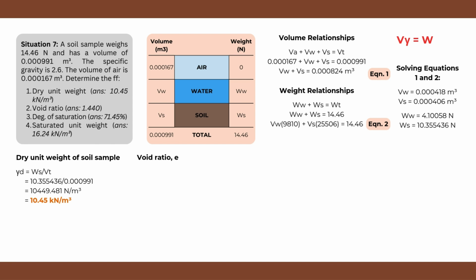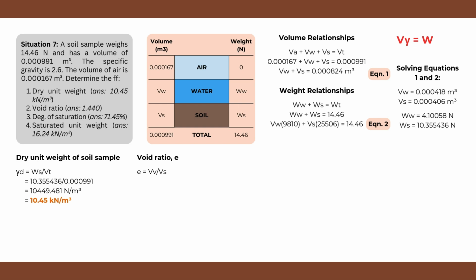Next naman, our void ratio is just equal to the volume of voids over the volume of solids. And as we all know, the volume of voids is just equal to the volume of water and air combined. Kasi yung tinutukoy lang naman na void is yung mga butas na pinaglalagyan ng mga tubig at space.